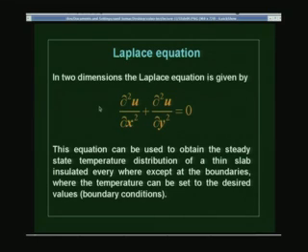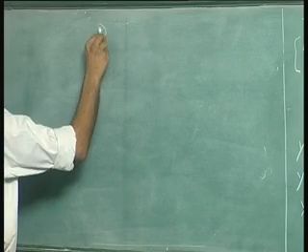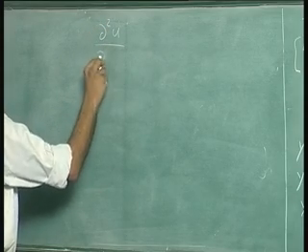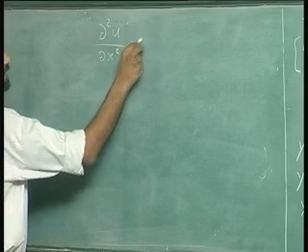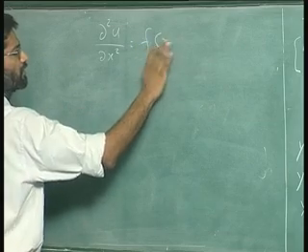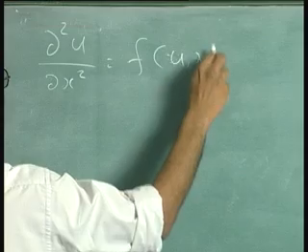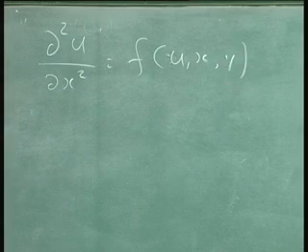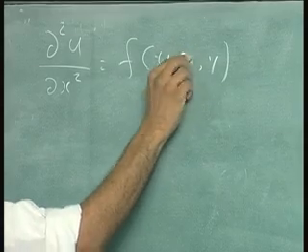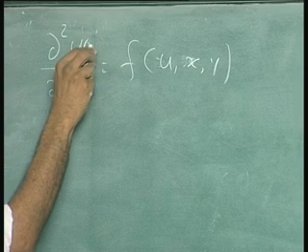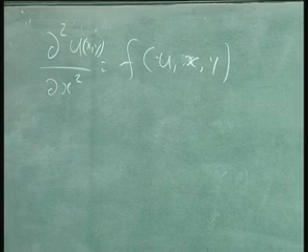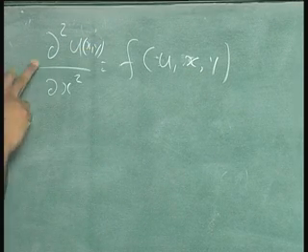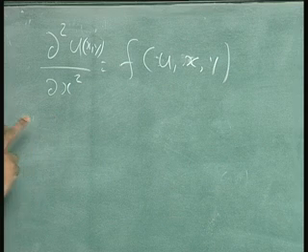Let's say we have an equation of del squared u by del x squared, some function of u, x and y, so u is a function of x and y. And then we would replace this derivative by its discrete derivative.